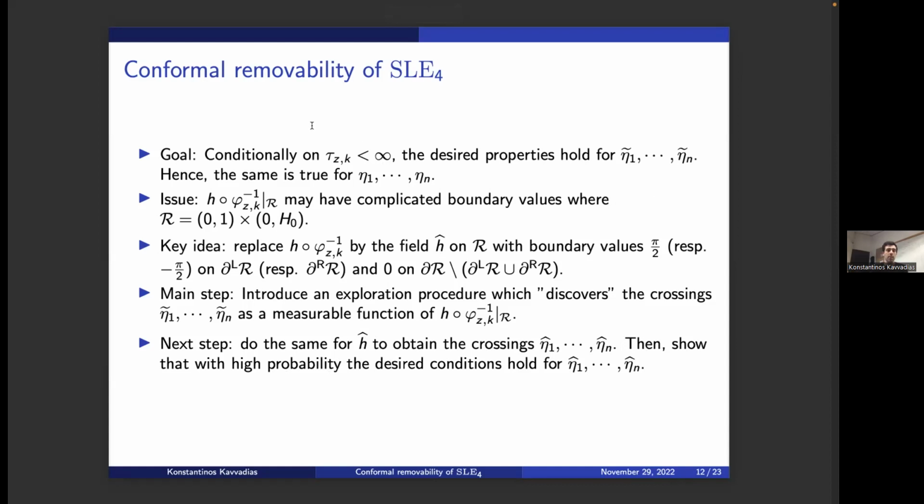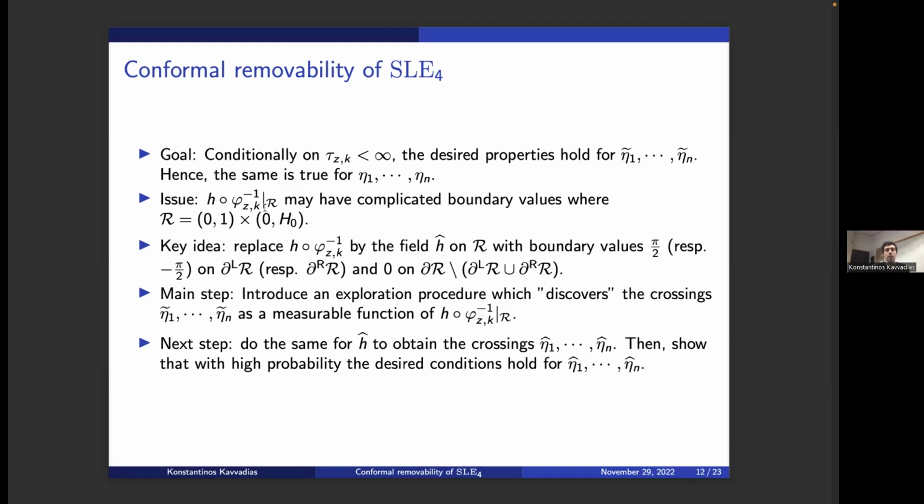And then we map back onto the original annulus to obtain that these properties also hold for the crossings of the curve there. So here, as we can see, since we need to compare the fields, we need somehow to compare the random Nikodym derivatives of the corresponding restrictions of the field on this rectangle here.